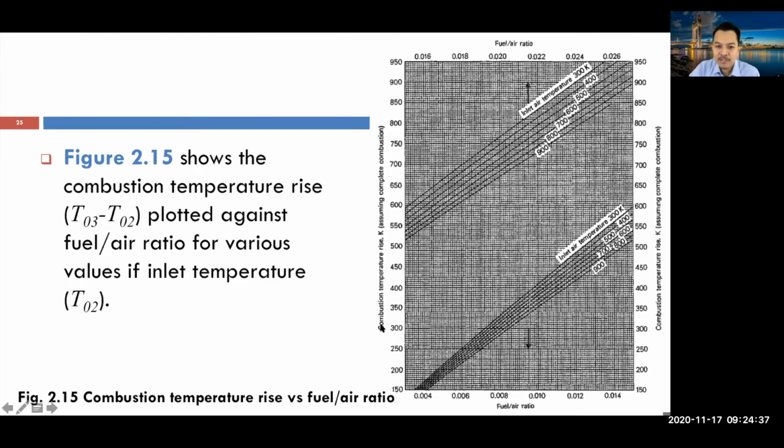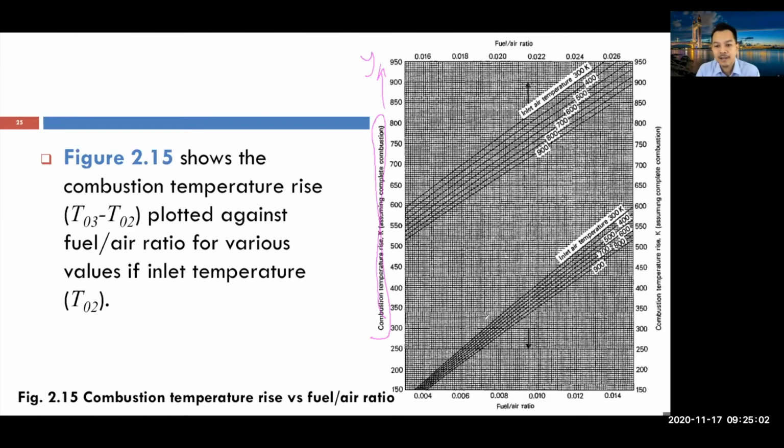We can see the y-axis is the combustion temperature rise, assuming complete combustion.